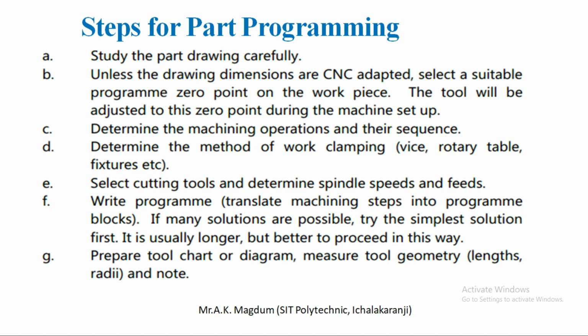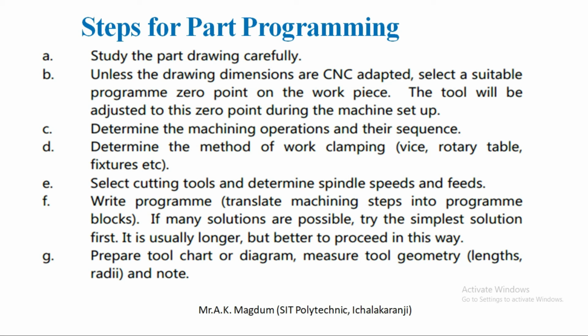Program 0 point, as we discussed in the previous session, is where the tool touches the workpiece surface. That tool will be adjusted to this 0 point during the machine setup, so we can easily find the machine work 0. Then the next step is determining the machining operations and their sequences.